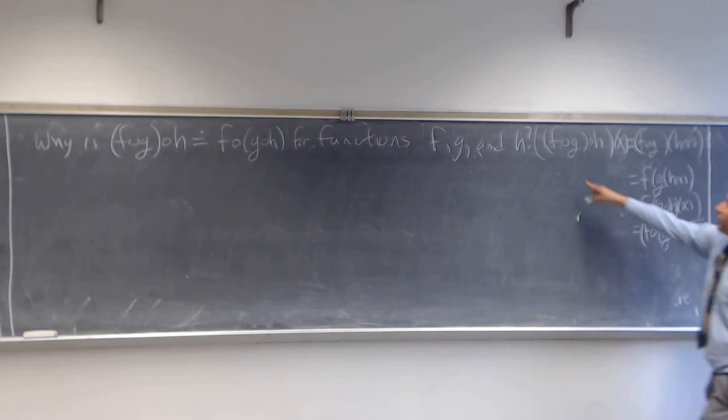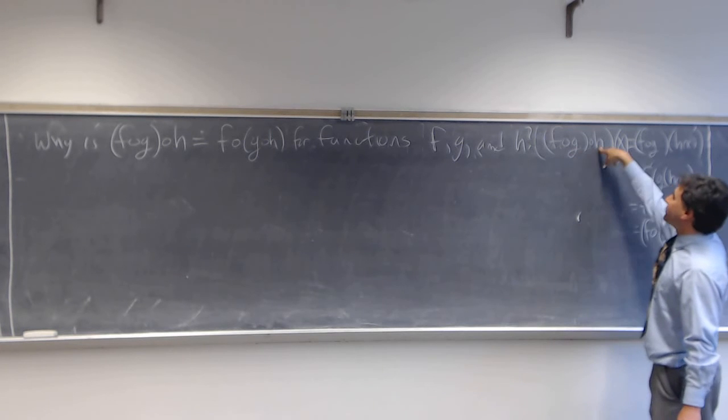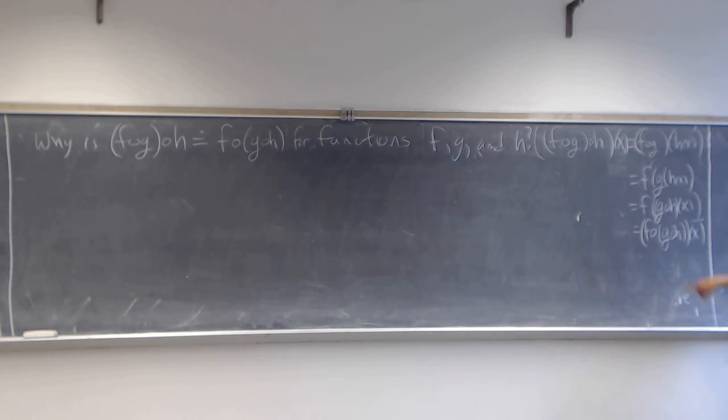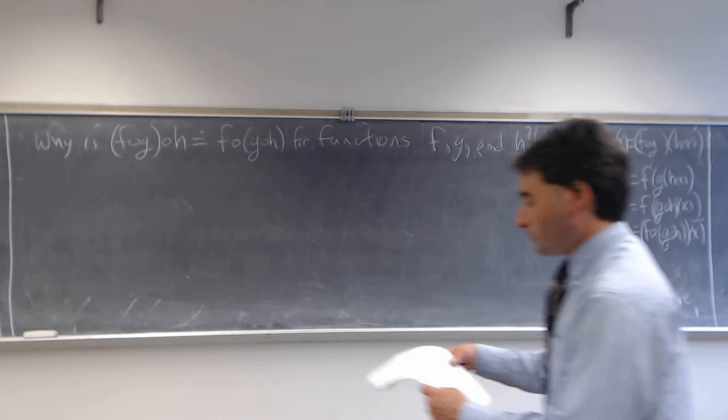So I think I've done it, right? f circle g, composed with h, is the same thing as f composed with g composed with h. So any function composition is associative. In particular, composing transformations will be associative.